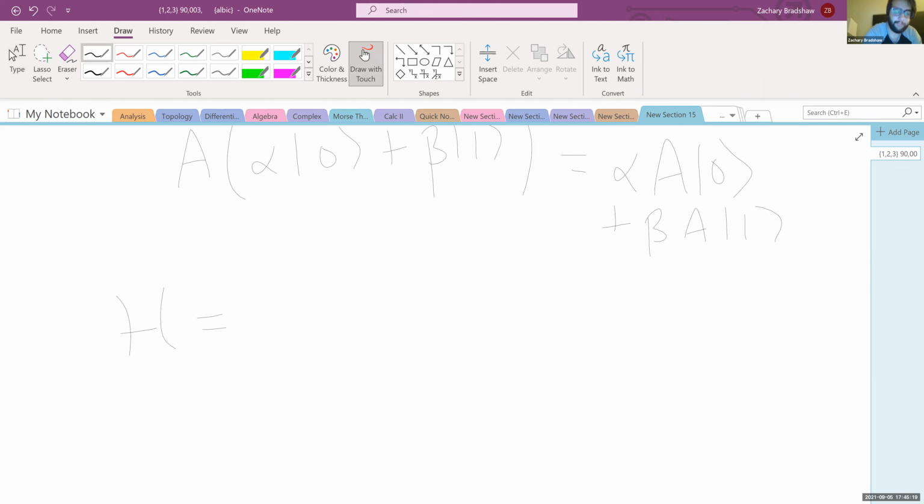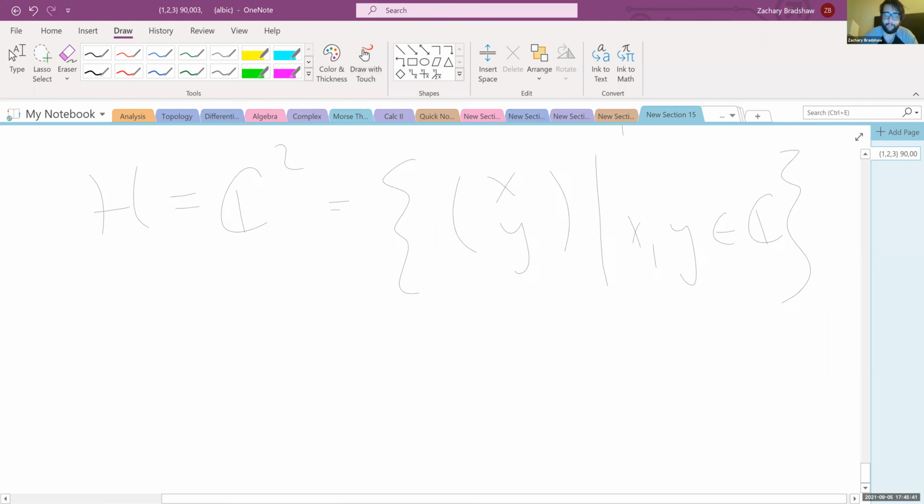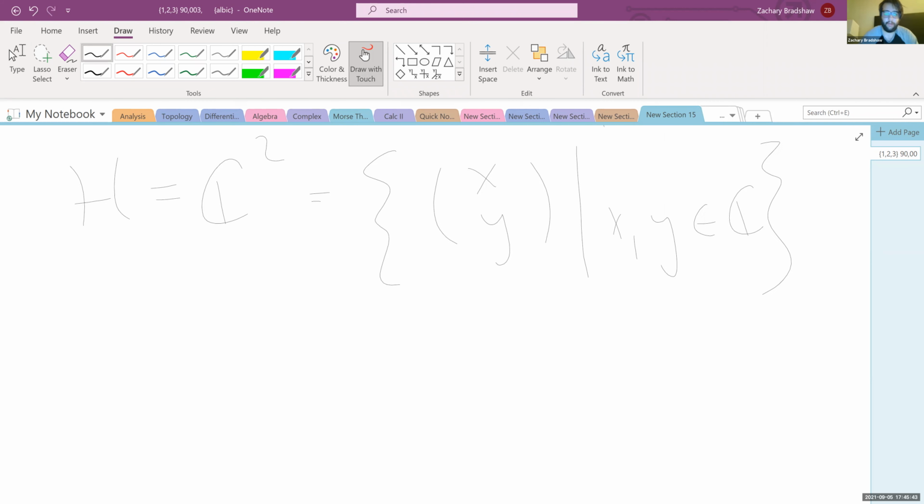So let's take our Hilbert space to be C2 again. Remember, this is just the set of all complex column vectors xy, such that x and y are in C. And this is a vector space over C, so we allow multiplication by complex numbers.